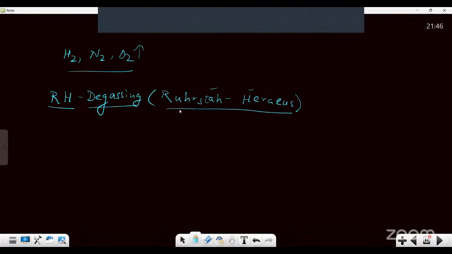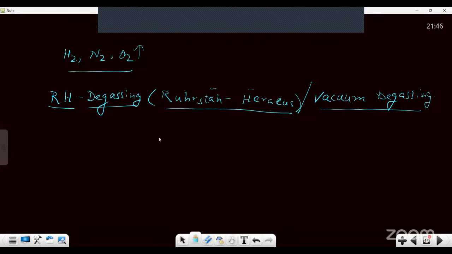So this is called RH degassing. What is happening in RH degassing? Basically this is vacuum, also called vacuum degassing. If you do not find the RH to be suitable, you can also use this vacuum degassing.